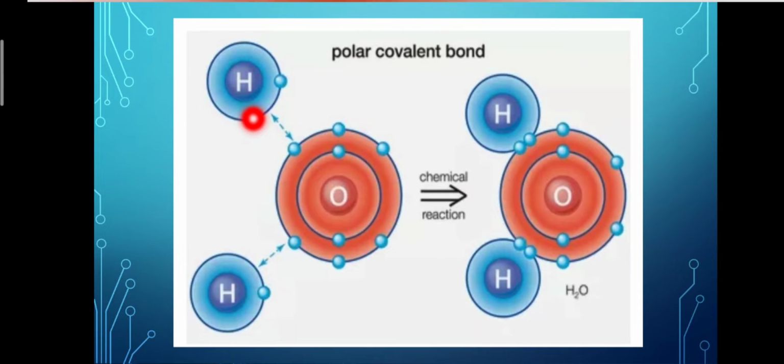So the valency of oxygen is 2. Two atoms of hydrogen are bonded with an atom of oxygen via covalent bonds, that is, they share their electrons and form a molecule of water, that is, H2O.